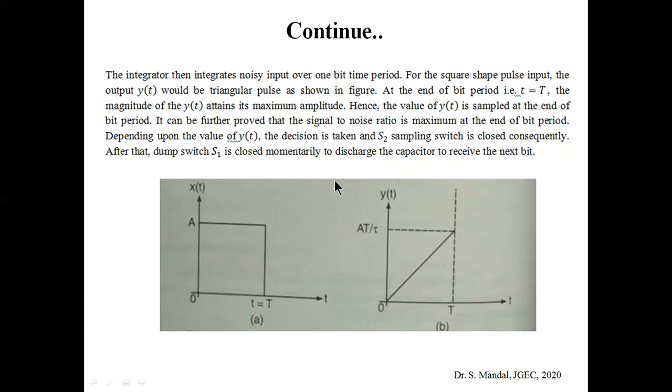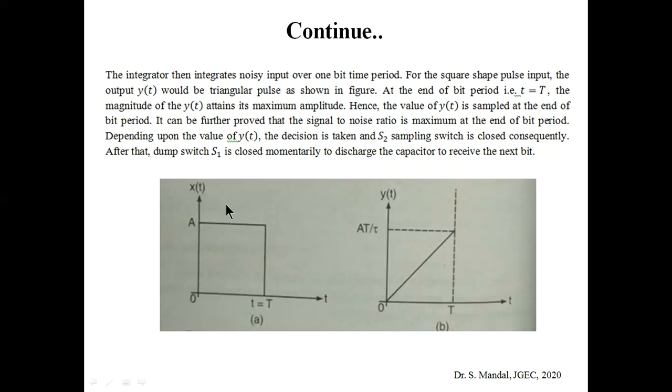At the end of the bit period, t equal to capital T, if we assume the bit duration is capital T, the output y(t) is a ramp, and the maximum amplitude is attained at the end of the bit duration capital T.